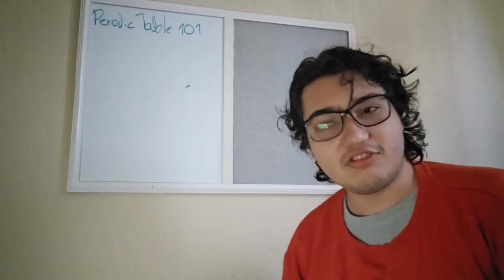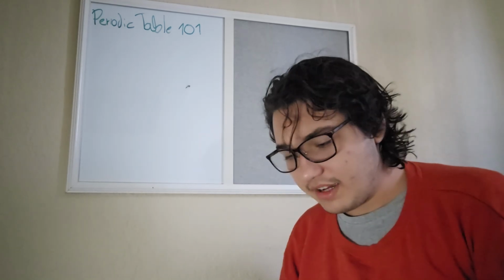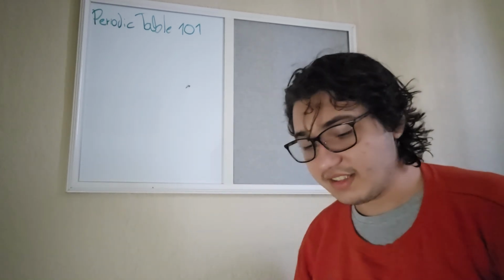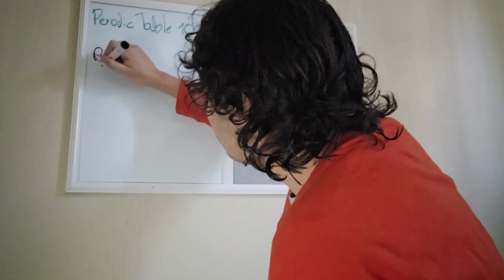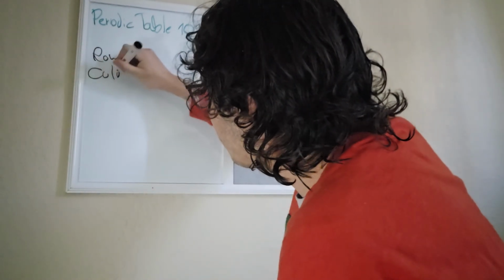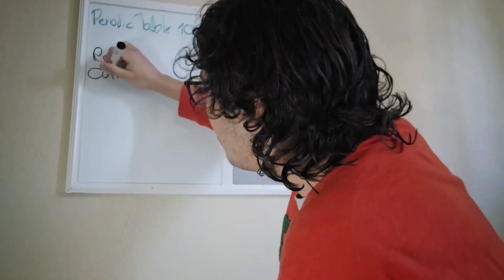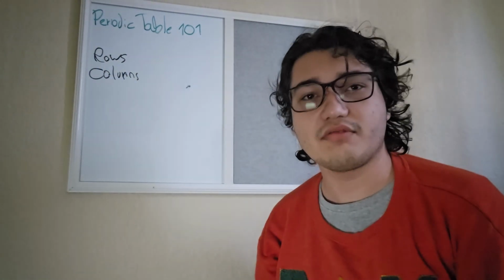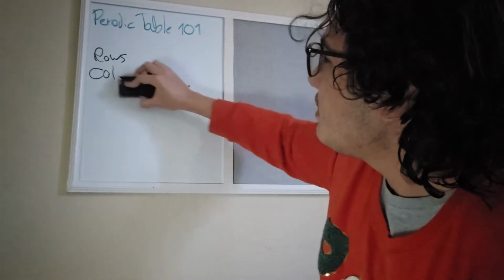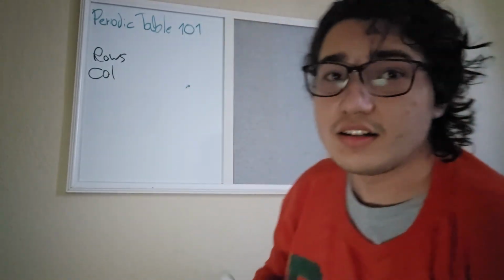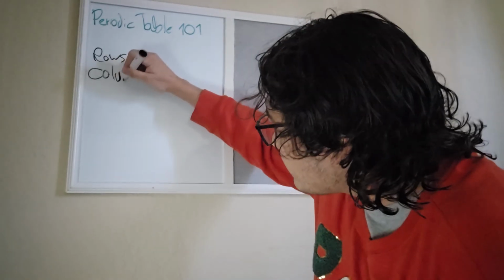So then, why don't we begin? So we did with how the periodic table is organized, that being in rows and columns. But we don't really use those words when it comes to the periodic table, because we like to be fancy about our words, because why not?